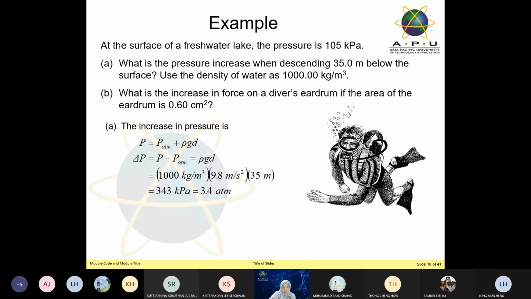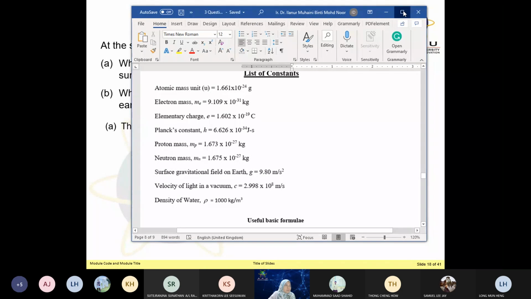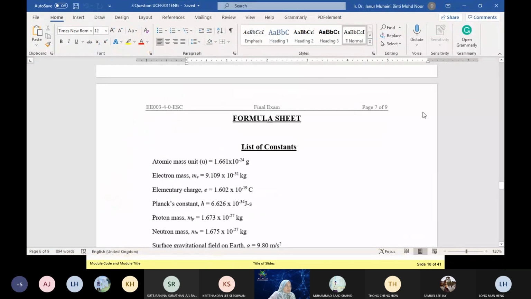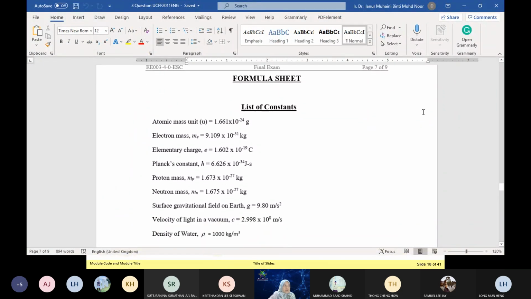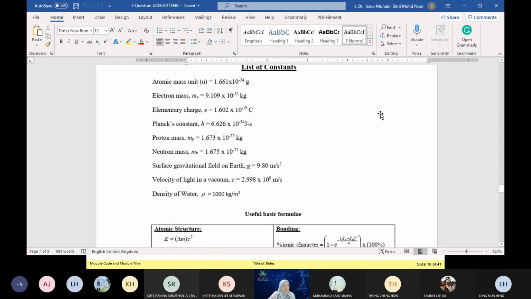Okay, for example, during the final exam, the formula we put at the back of the question, or in another file for the appendix. So this is the list of constants.